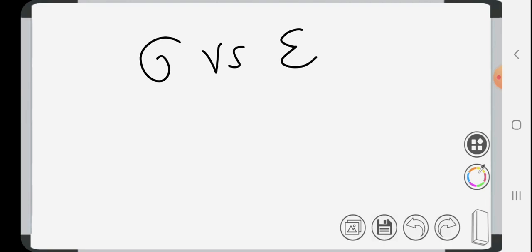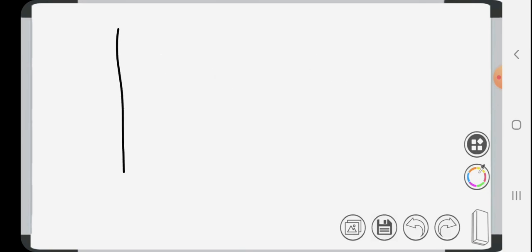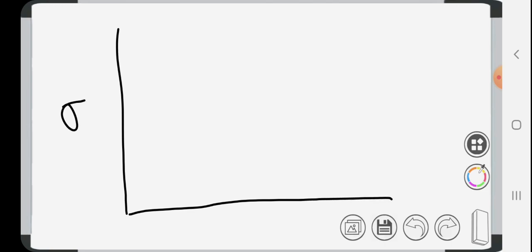So we will get a stress versus strain graph using the uniaxial tension test. Okay. So we can plot a graph with sigma on the y-axis and strain on the x-axis.